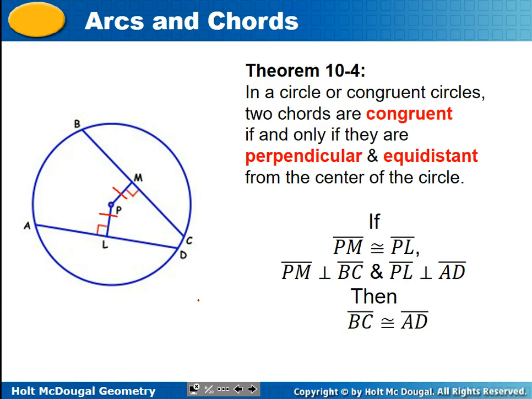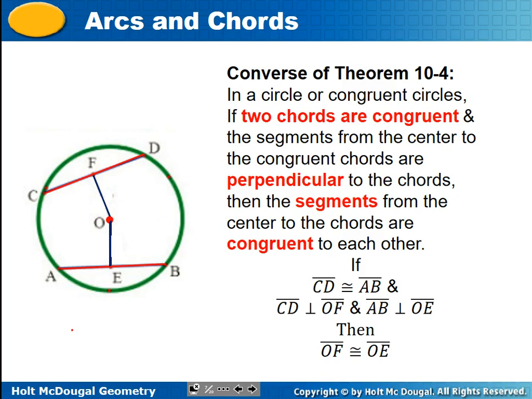Those right angles between line BC and MP tell me those lines are perpendicular, and AD and PL are also perpendicular. That then means that chord BC is congruent with chord AD. So these chords are congruent because they're equidistant from the center and they are perpendicular to those lines that come from the center.